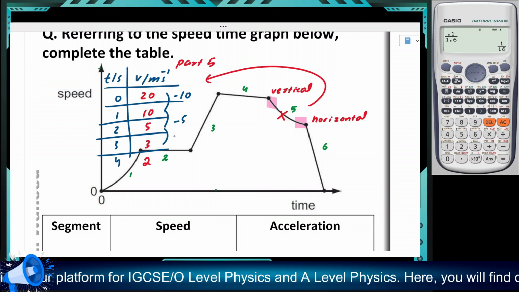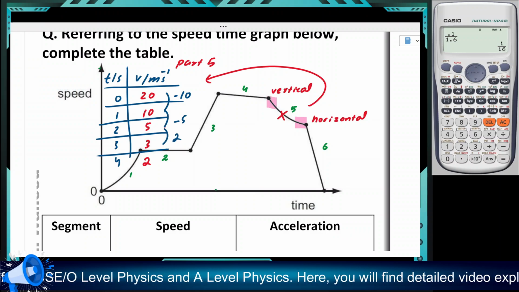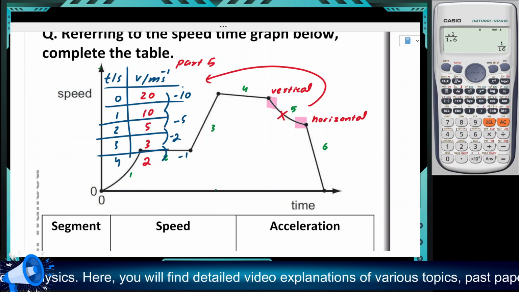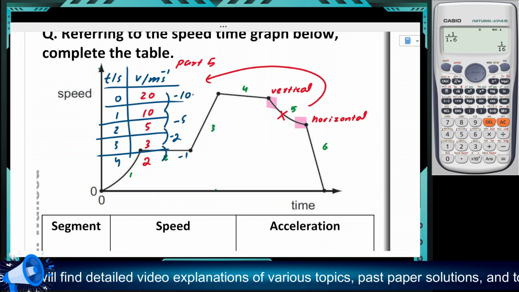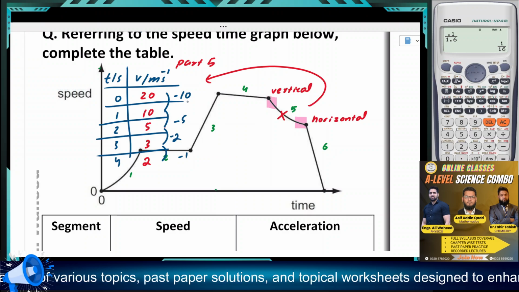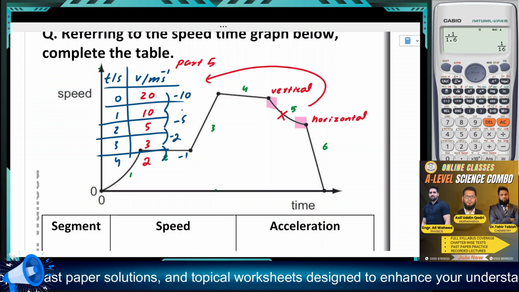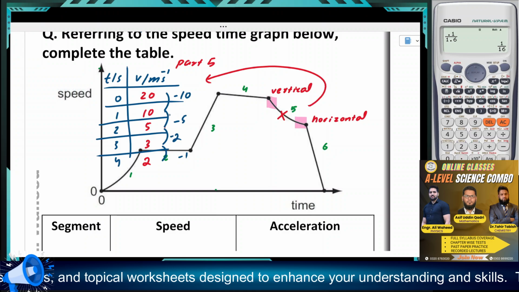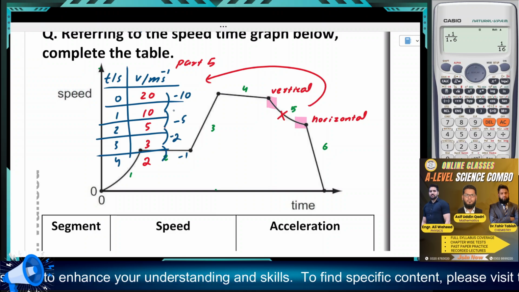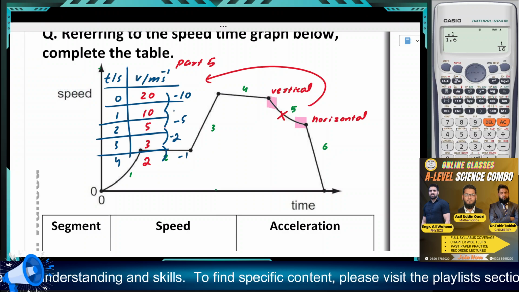What's the change in the next second? 2. What's the change in the next one? Only 1. So the speed is being decreased, but initially it was decreasing faster, and then it decreases at a slower rate.